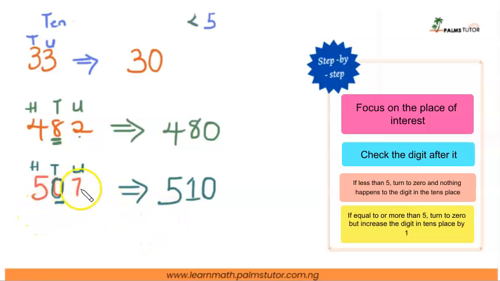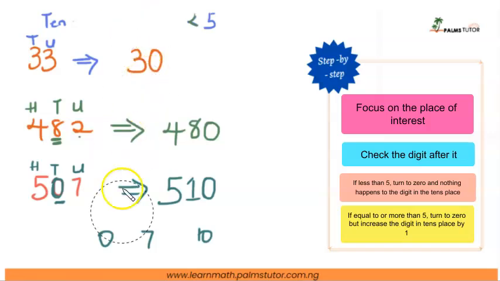Since you have 0 in the tens place and 7 in the units, 7 is between 0 and 9, and 7 is closer to 10. And that's why we say 507 is more closer to 510 than it is to 500, and that's why this is 510.